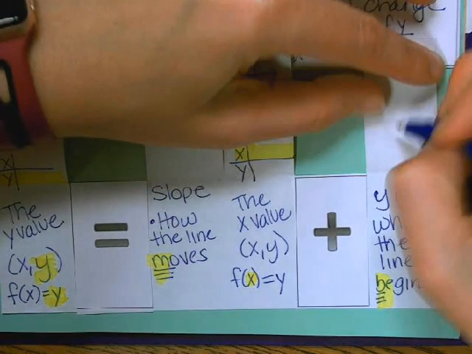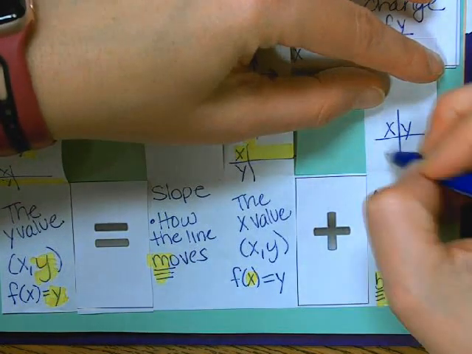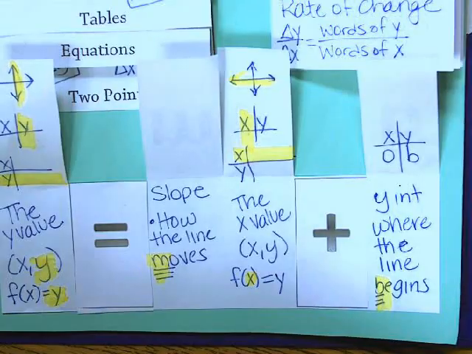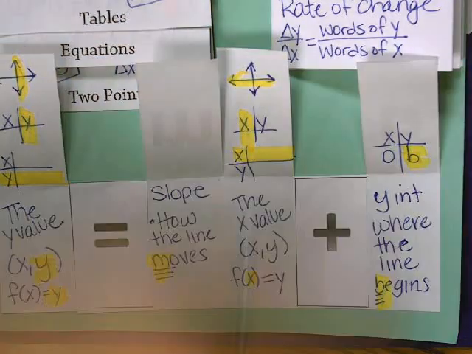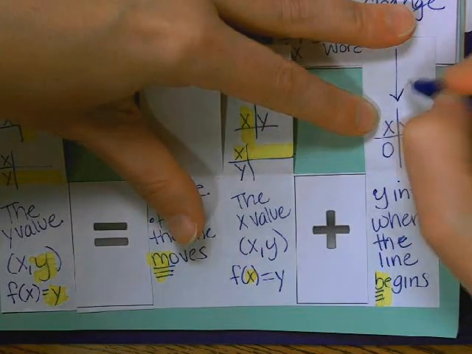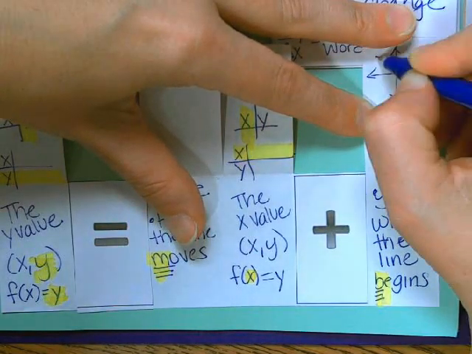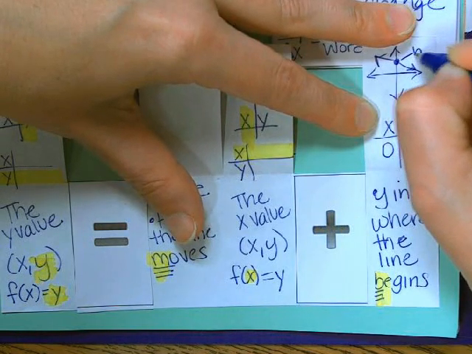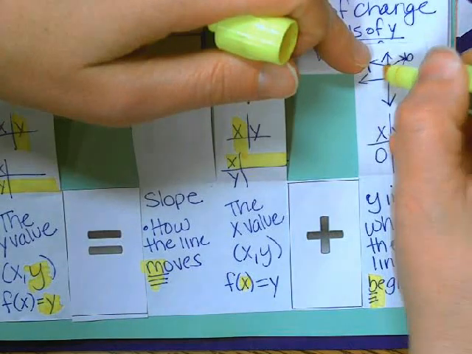The y-intercept on a table is going to be when x equals 0. So B is going to be right here in the y spot. Okay? And then if we're talking about a graph, the y-intercept is where the graph crosses the y-axis.